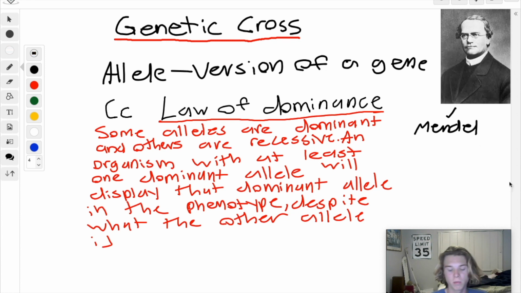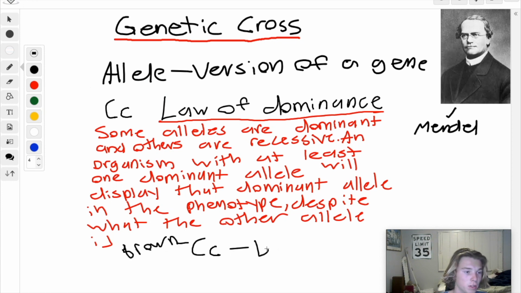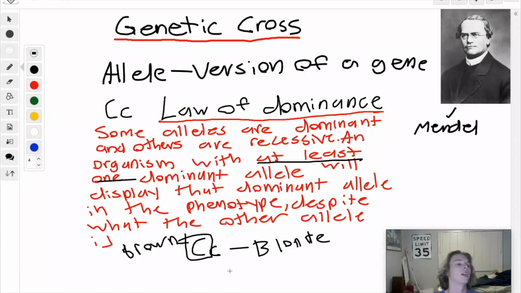So what does this mean for us? In our heterozygote, let's say this big C means brown hair and this little c means blonde hair. Because there is at least one dominant allele, this big C, in our genotype, that will be expressed in the phenotype over this recessive allele.